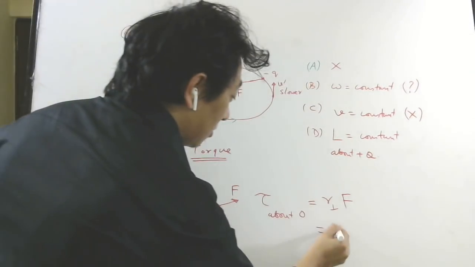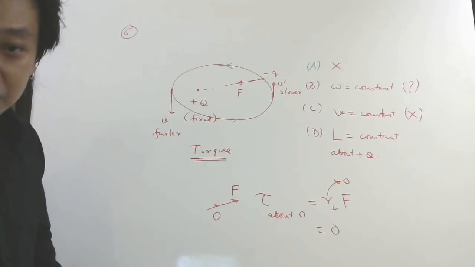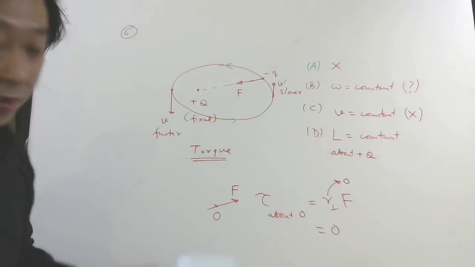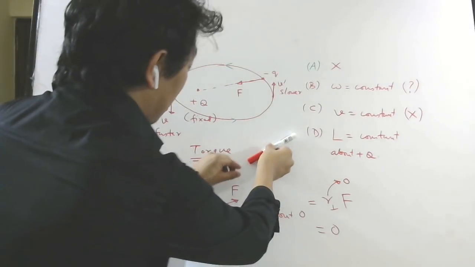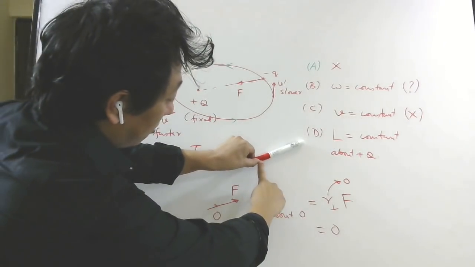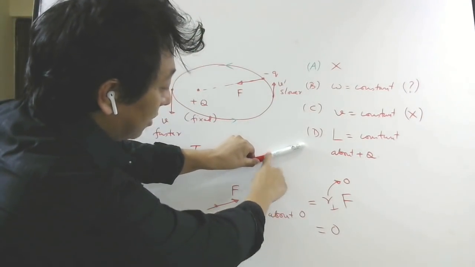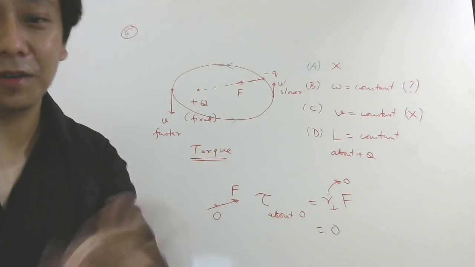It will be 0. Why? Because there is no R perpendicular. Understood? There is no R perpendicular, right? Because the force is passing through this point itself. So if there is a pen which can rotate about this point and you apply force here itself, then this pen is not going to rotate. So there is no turning effect of force.